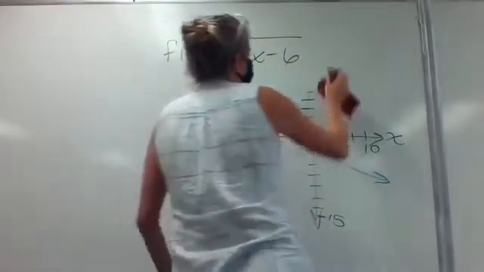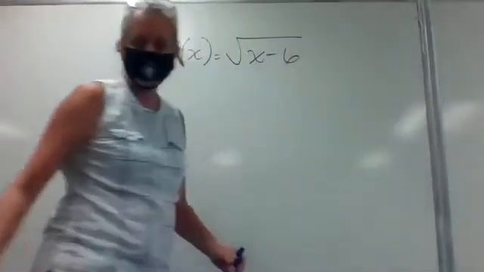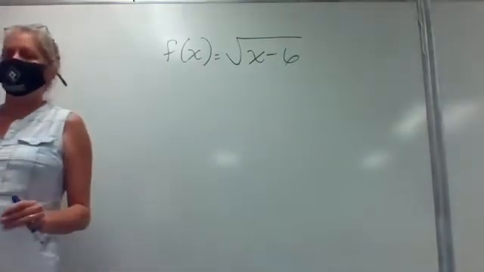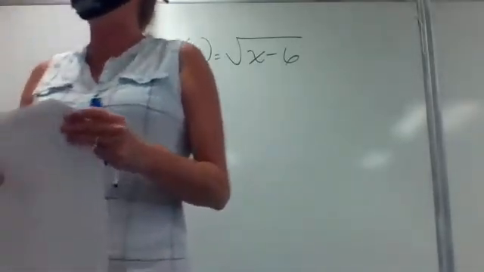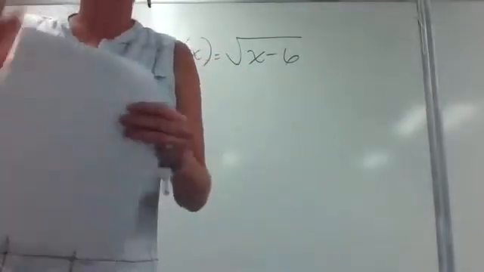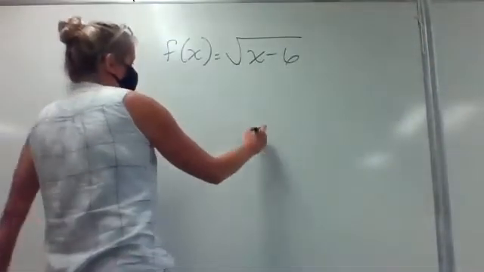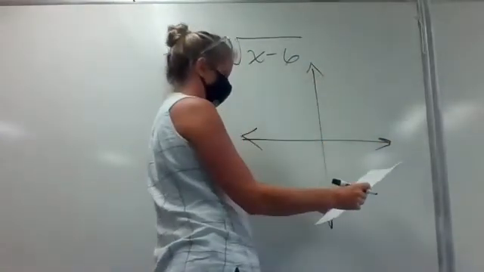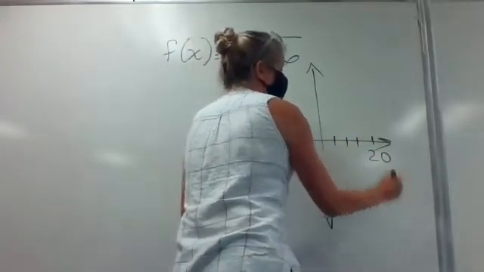Square root of x minus 6. So that minus 6 is an inside number, right? What does our shifting rule tell us about inside numbers? They shift us left and right, but we go opposite the sign. So that minus 6 should shift the square root to the right 6 places. Again, you just have to be careful on the multiple choice. Look what their graphs go by this time. 5, 10, 15, 20, right?